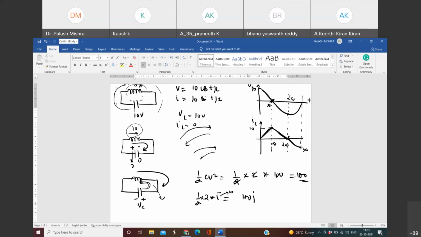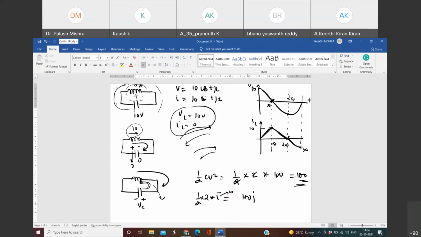You calculate at any time the energy, which is the total summation of the energy stored in the capacitor plus the energy stored in the inductor, it will always be 100 joules, because the initial energy in the system was 100 joules and that is not getting dissipated anywhere, because there is no heat dissipating element, no resistance, in this circuit.